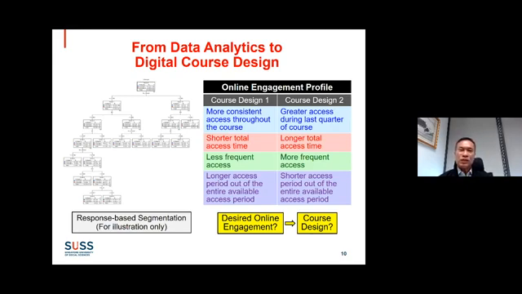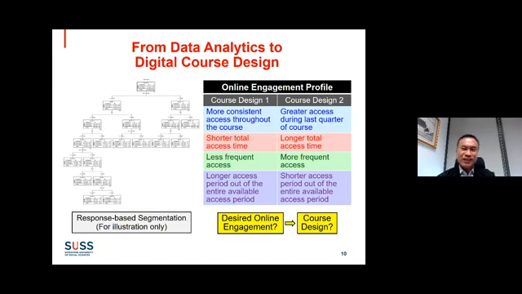One group is totally online, the other group is a blended version. And we look at the online engagement metrics. We did a lot of learning analytics. We actually used a decision tree, which is a very important and popular machine learning technique, to try to identify the patterns of online engagement profile generated by these two different course designs.